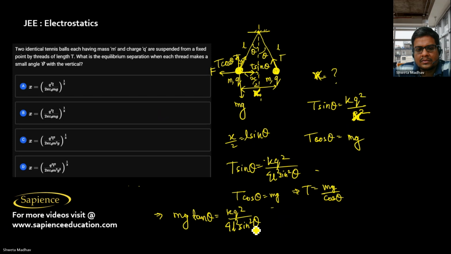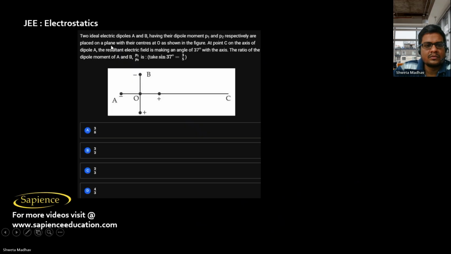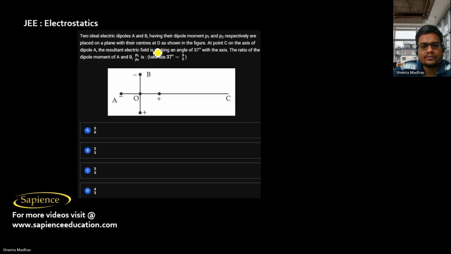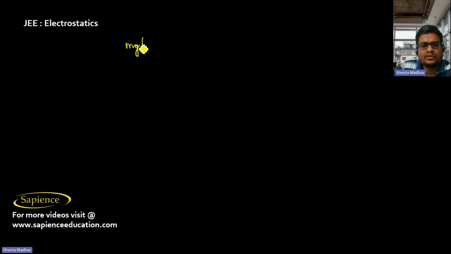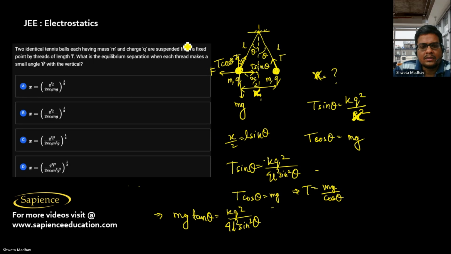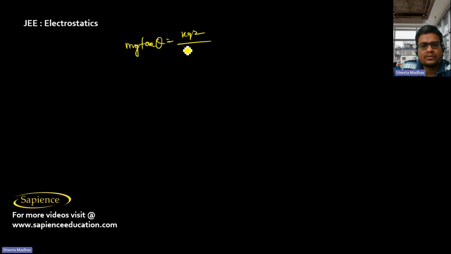Now sin square theta I can write 1 minus cos square theta. Therefore mg into tan theta, that is equal to kq square by 4L square sine square theta.